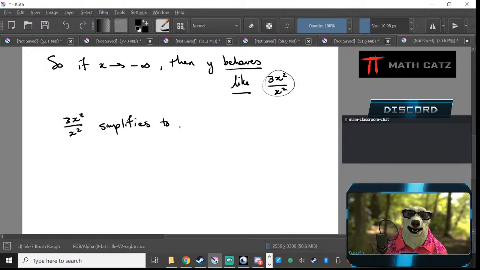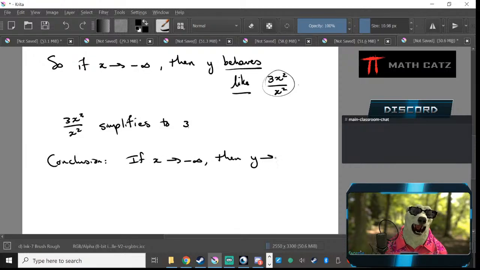Simplifies to, well, I have two x's at the top, two x's at the bottom, so 3. So, my conclusion: if x approaches negative infinity, then y approaches 3.